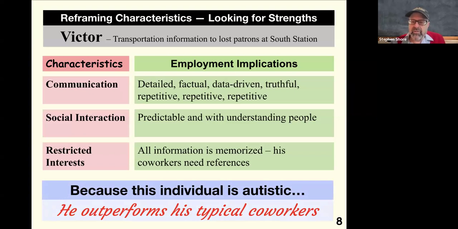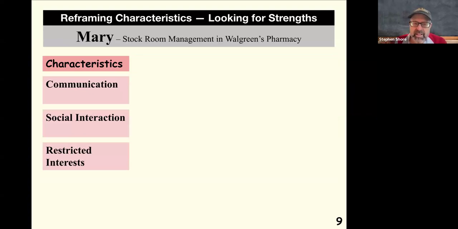Well, that's all well and good for people who need support at level 1, who can get along and get from one place to another and move around fairly independently, a lot of people say. Well, what about people who need more support? And so then we take a look at someone like Mary, who works in stockroom management at Walgreens Pharmacy.